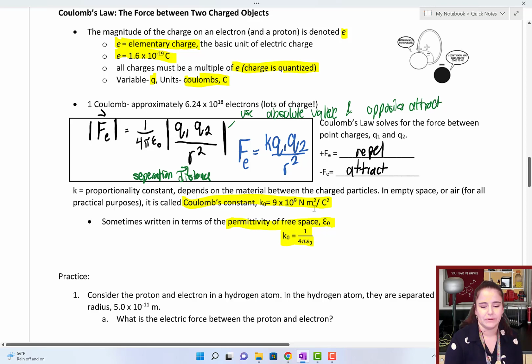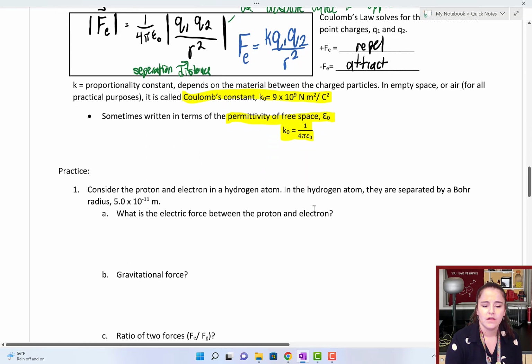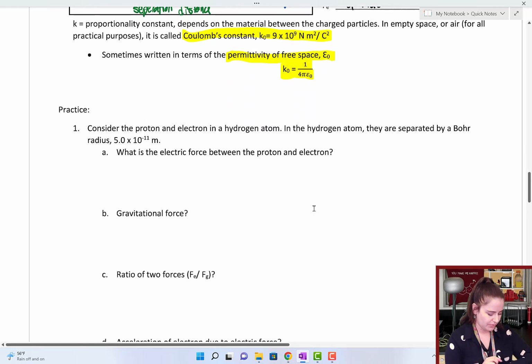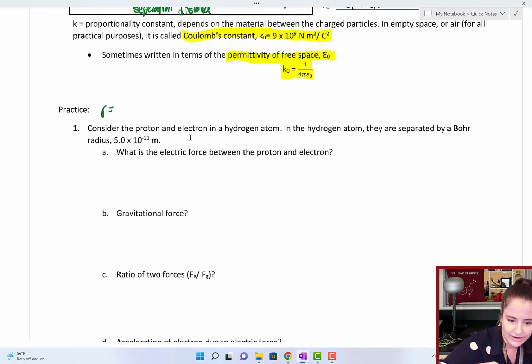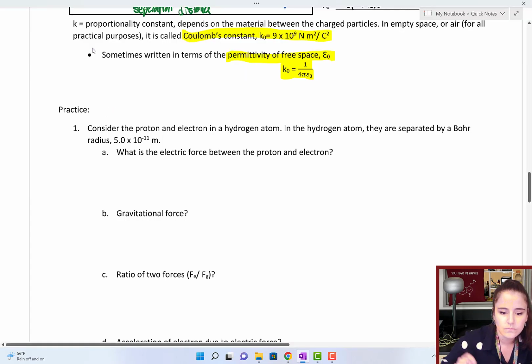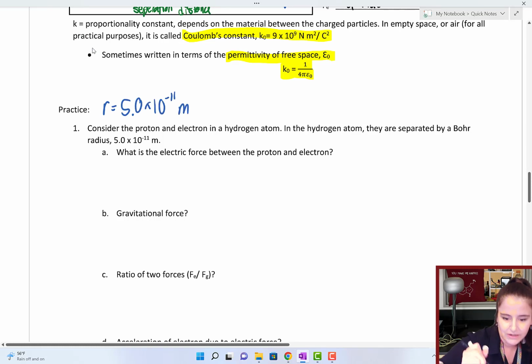Let's look at an example, okay? So we are considering the proton and the electron in a hydrogen atom, okay? So they're separated by a Bohr radius, which is 5 times 10 to the negative 11 meters.